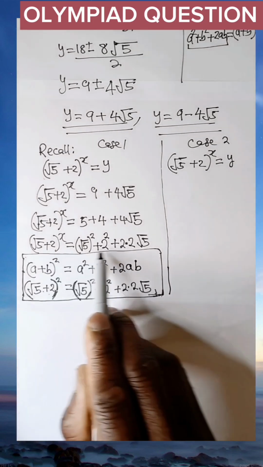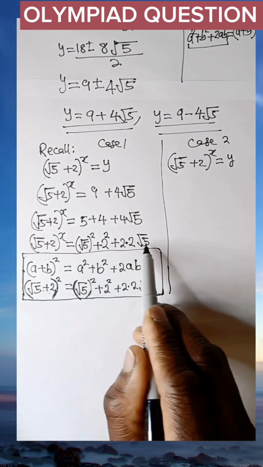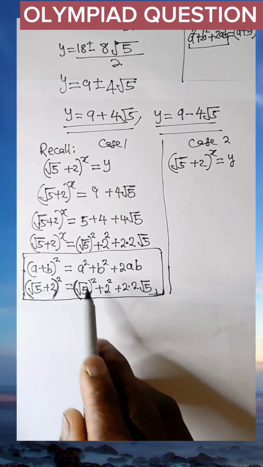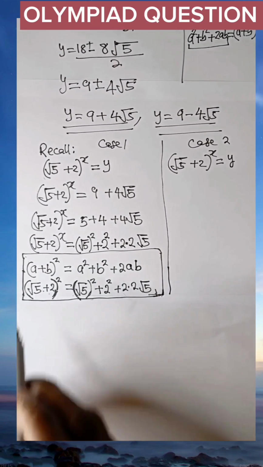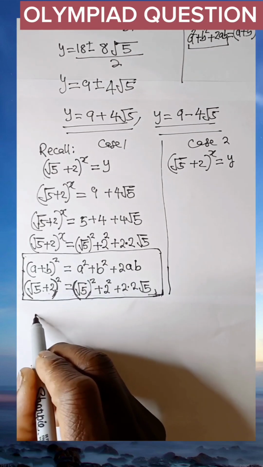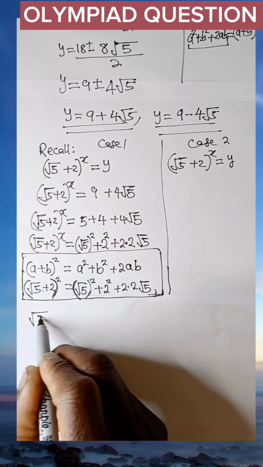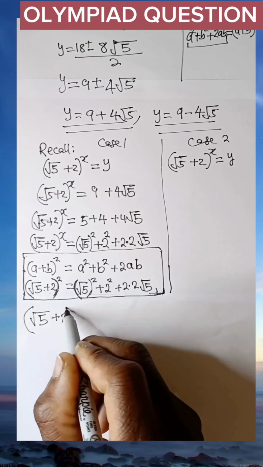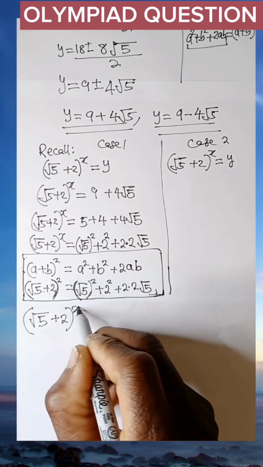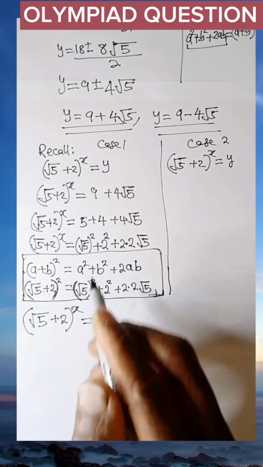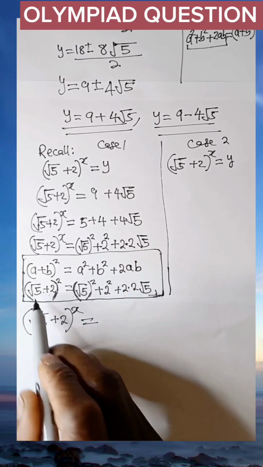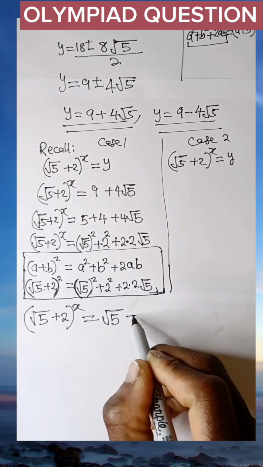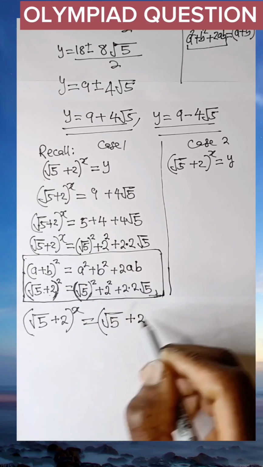In our given equation, we will replace the right hand side with this expression, since this expression is equal to this expression. So this equation will become (√5 + 2)^x is equal to, instead of this, we are going to have (√5 + 2)^2.